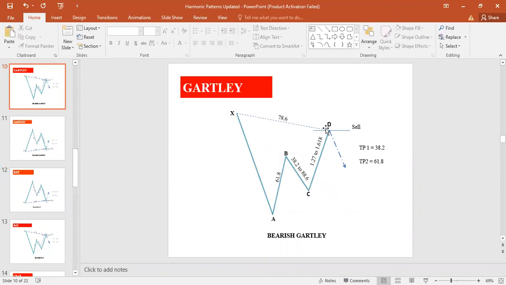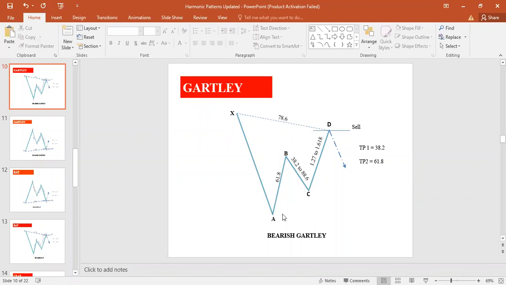And the D is a retracement of XA, not an extension. So D is not higher than X, C is higher than A. So C is higher than A for a bearish Gartley, and D is a retracement of XA. So let me put it in clear technical terms. C is a retracement of AB, and D is a retracement of XA. Simple.